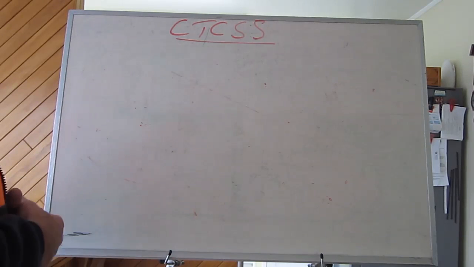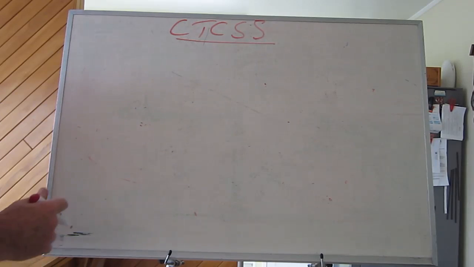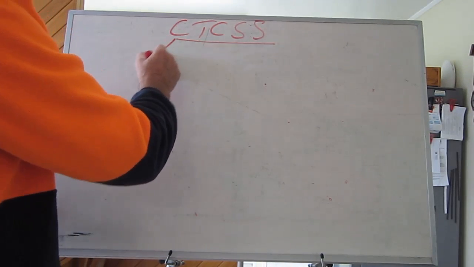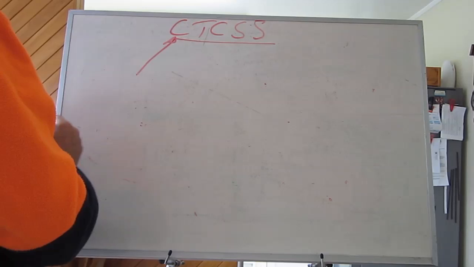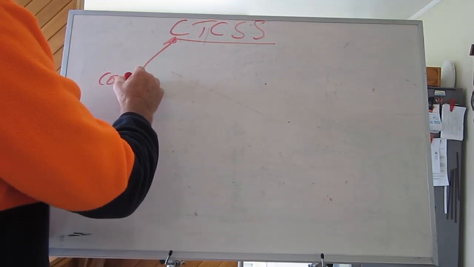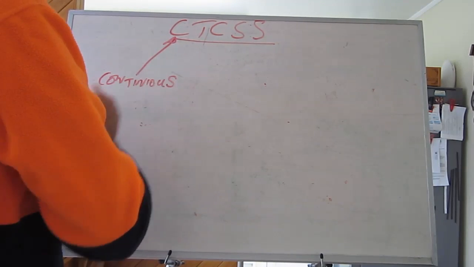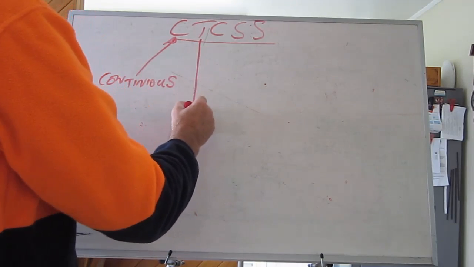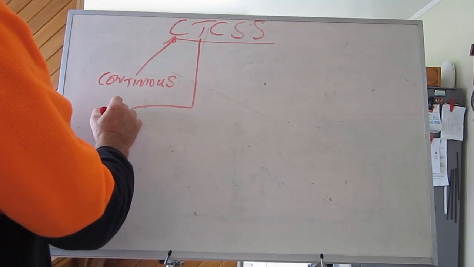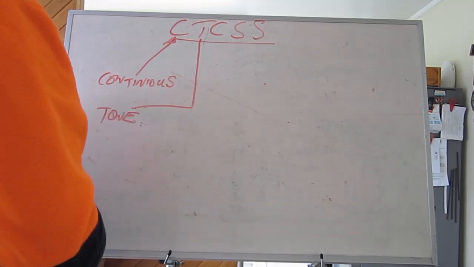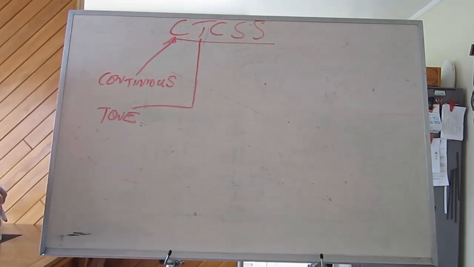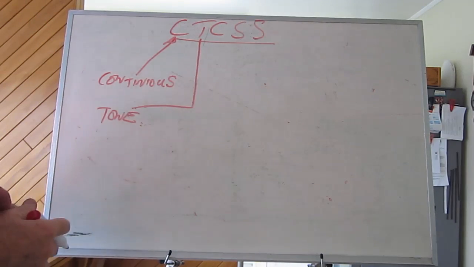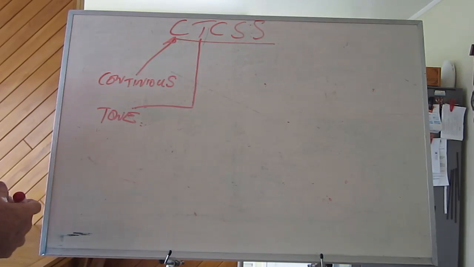We'll start with the name to start off with. Continuous is what the first letter stands for. So whatever it is, it's continuous. T stands for tone. So it's a tone-based system.